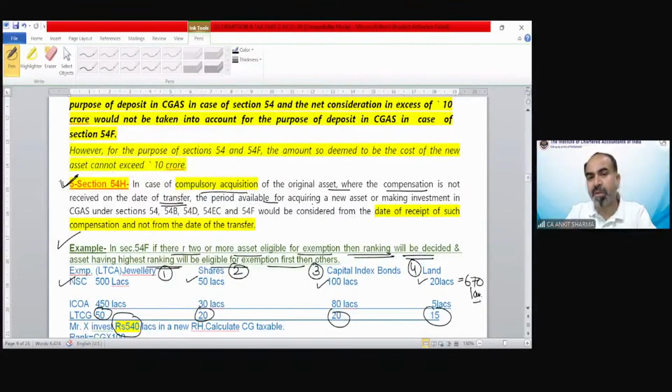The period available for acquiring a new asset or making investment in the Capital Gain Account Scheme, the full benefit, whether to purchase or to invest, would be available from the date of receipt of such compensation and not from the date of transfer in all these sections. Okay.